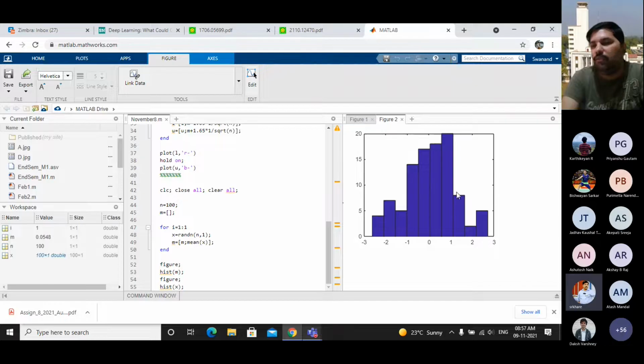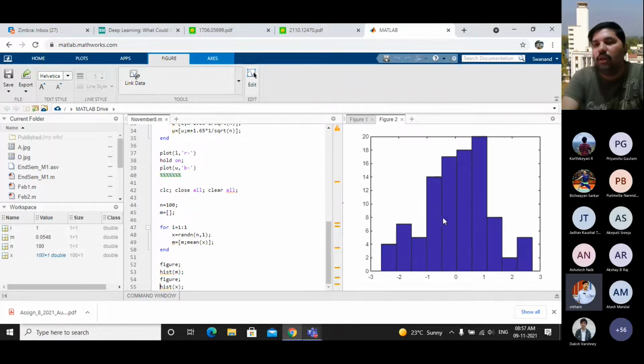On the right panel, you see the histogram that I have plotted. What is this histogram representing? Roughly, it is of the shape of a normal density. I'm not saying it is exactly, but roughly.